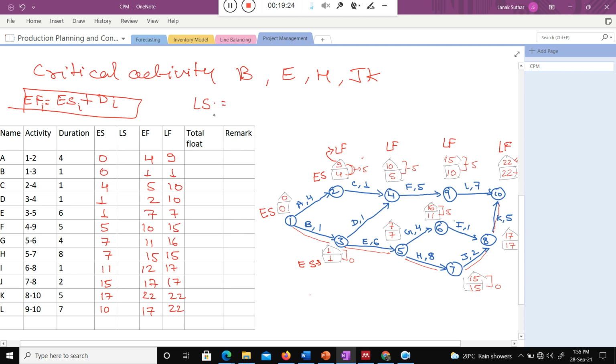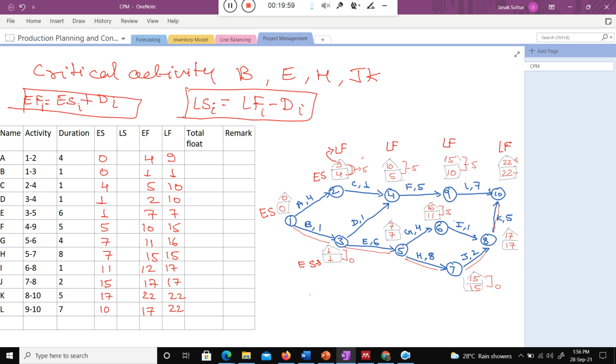Late start of a particular activity, assume that, okay, so now what is the late start of a particular activity? That I try to calculate here. So late start you can write like that. Late start, can I write late finish minus duration? I know when my activity will be finished, so you can easily identify the late start if you know the late finish of that particular activity.